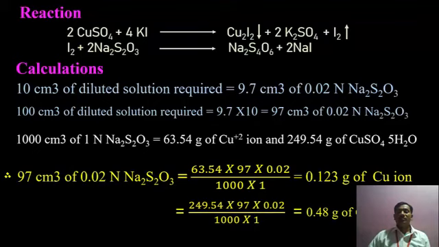Similarly, when we estimate the amount of copper sulfate, it is 249.54 into 97 into 0.02 divided by 1000 into 1, which is equal to 0.48 gram of copper sulfate pentahydrate.